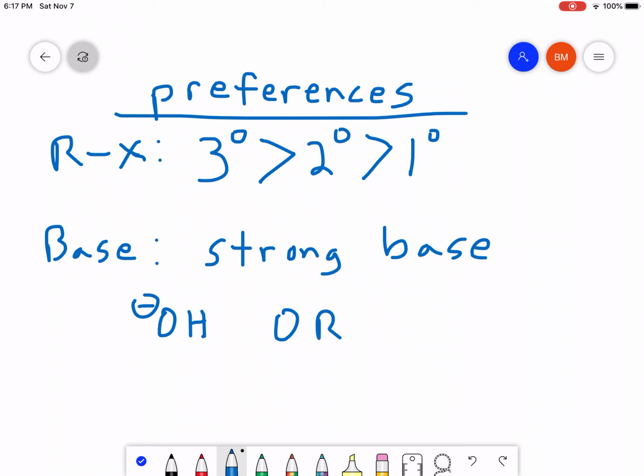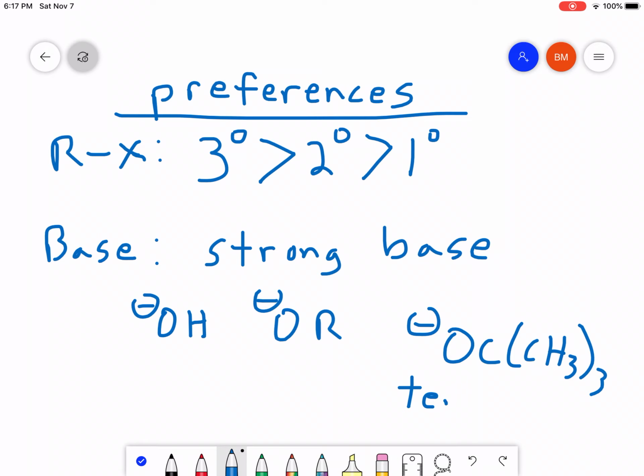OR groups are really commonly used. One particular OR group that's used a lot is this guy, which is called tert-butoxide. And it's really nice because it's a really, really strong base, and as we learned last chapter, it's pretty much a non-nucleophile. All right.